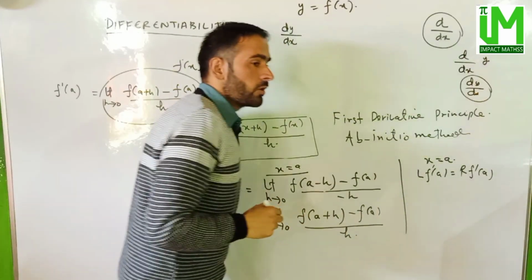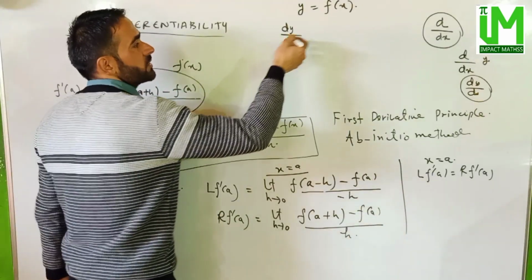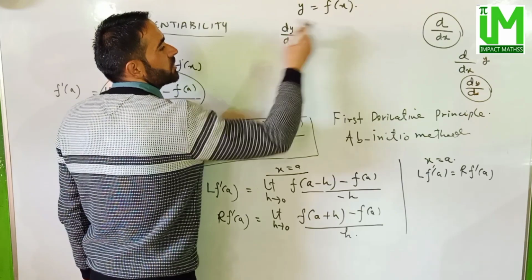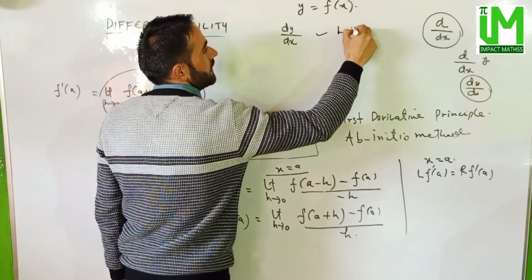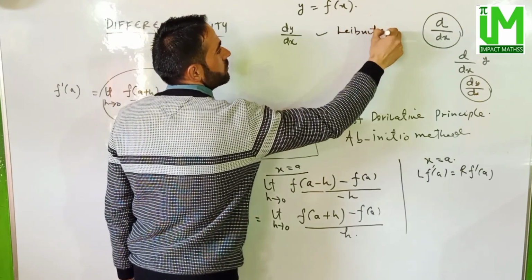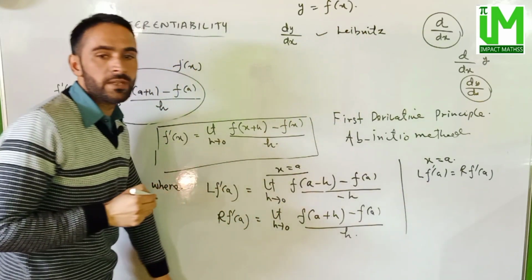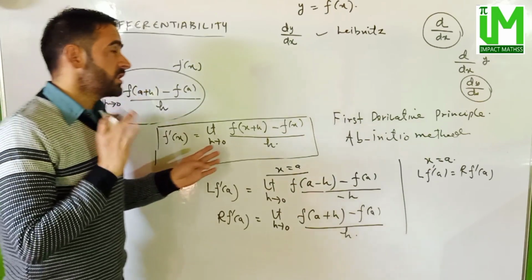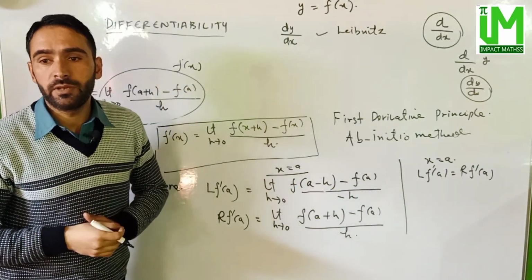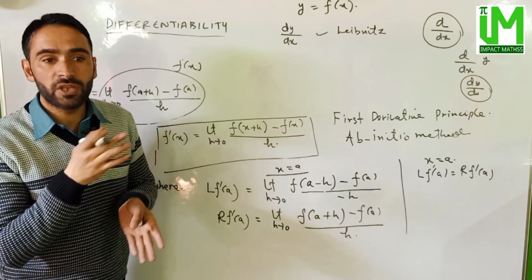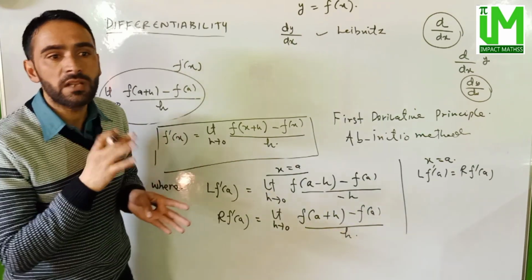The symbol dy by dx was first used by Leibniz. An interesting thing about these symbols is that different mathematical giants used their own differential symbols.